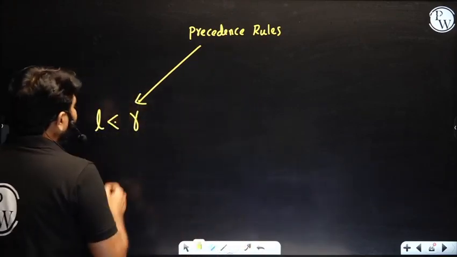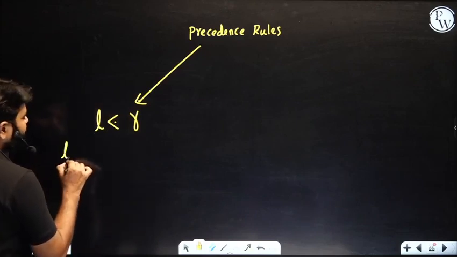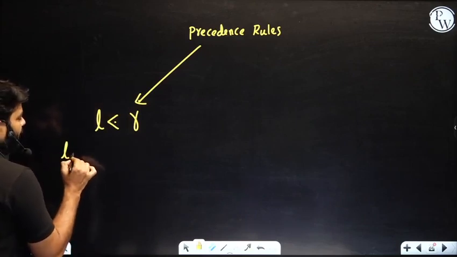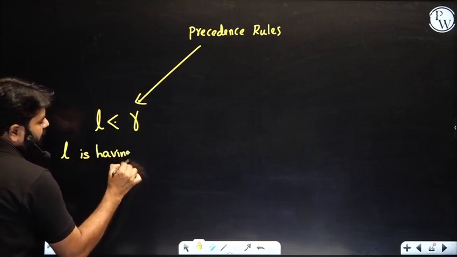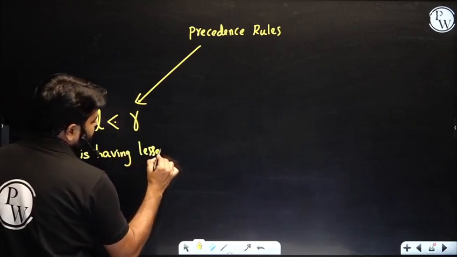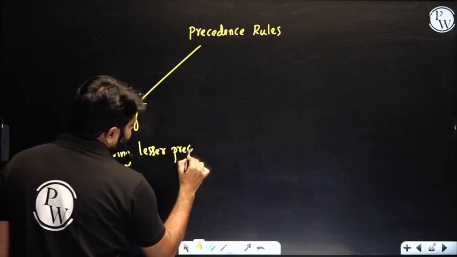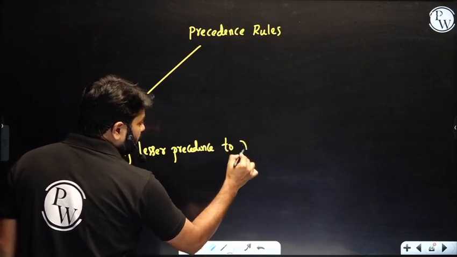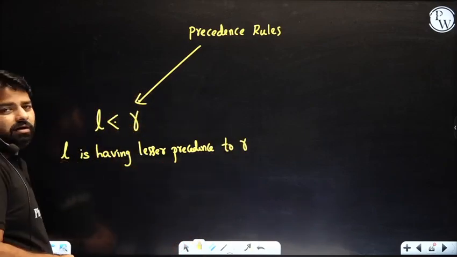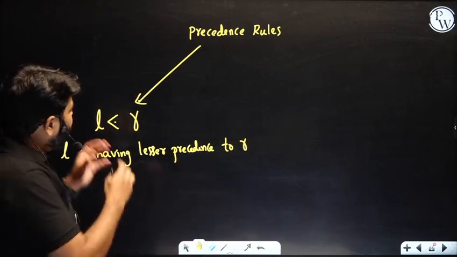Fine. L means left. L is having lesser precedence than R. 'To' means I am making an order; of course, 'than' you can also write.